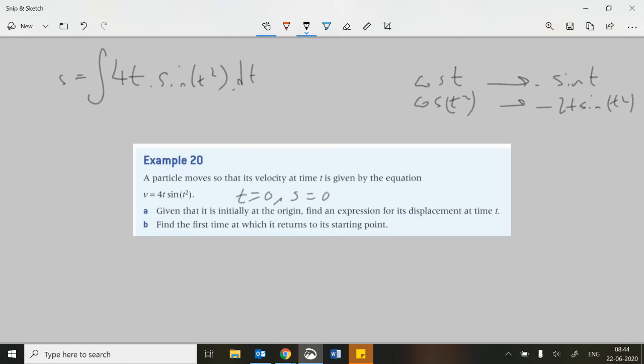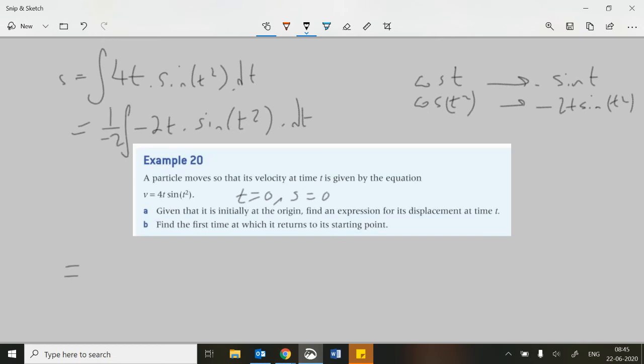So we know that because of the chain rule, we would have to differentiate cos, but we also have to differentiate the function inside the function, which would end up on the outside. And then I would think, well, that's almost the same as this, but I've just times this one by minus 2 here. So what I can do is make this minus 2 sine t squared with respect to t, and then I can just divide by a minus 2 there in front.